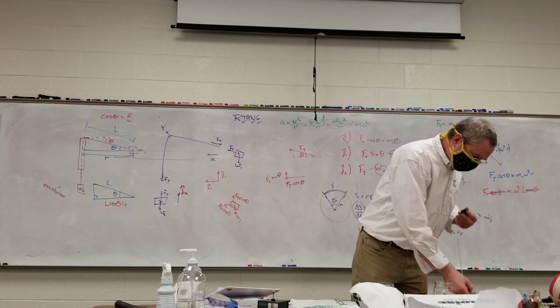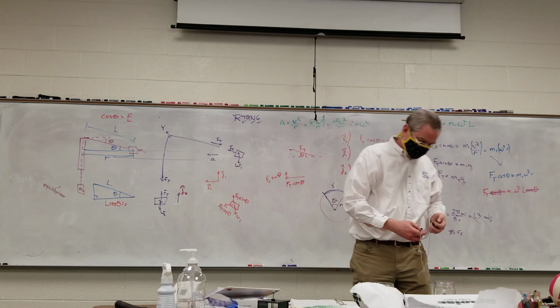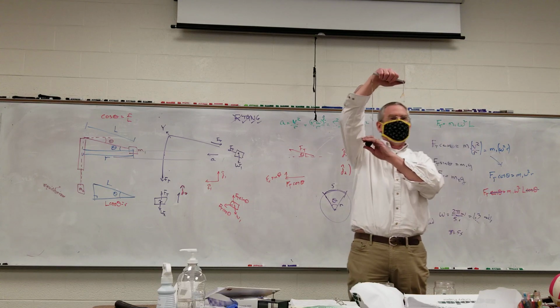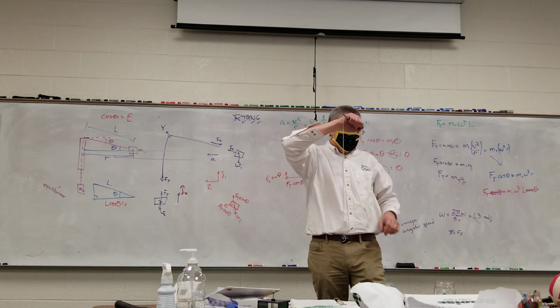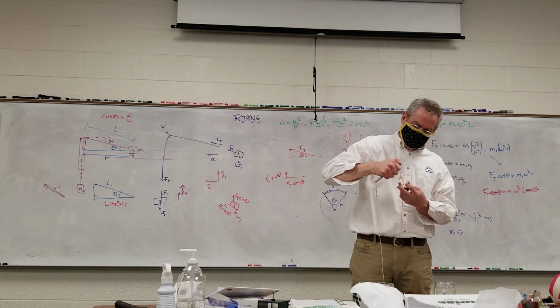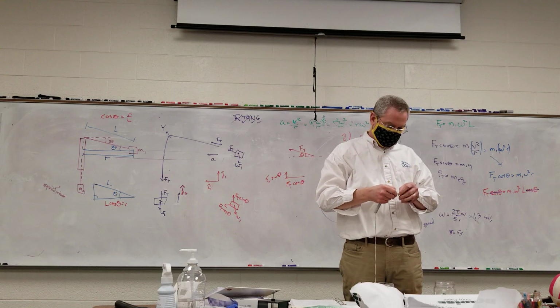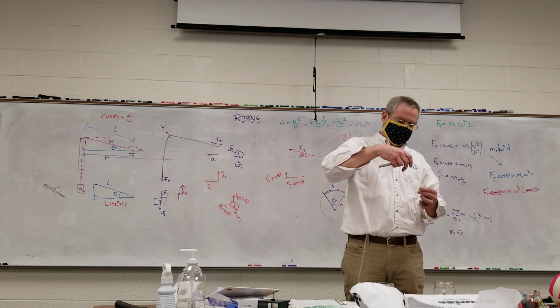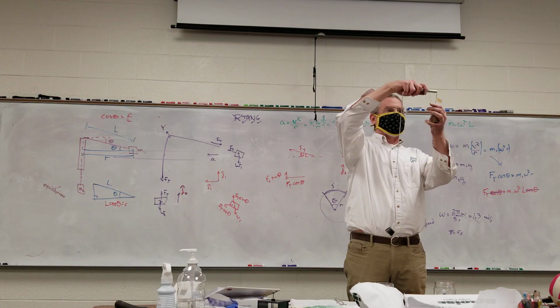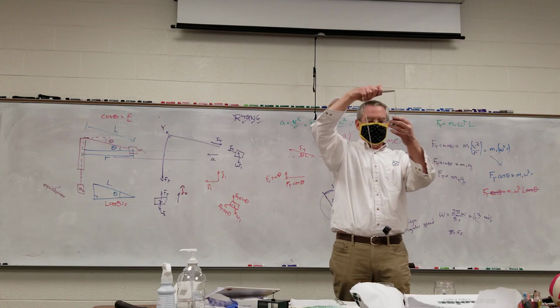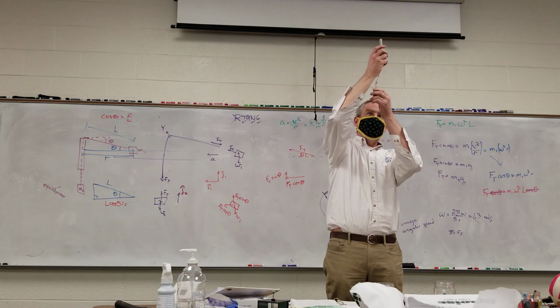If you notice in this apparatus here, there's that piece of tape hanging down below it. The point of that tape was so that you can keep the length constant. So if you have the tape at a constant distance below this, we get it swinging.